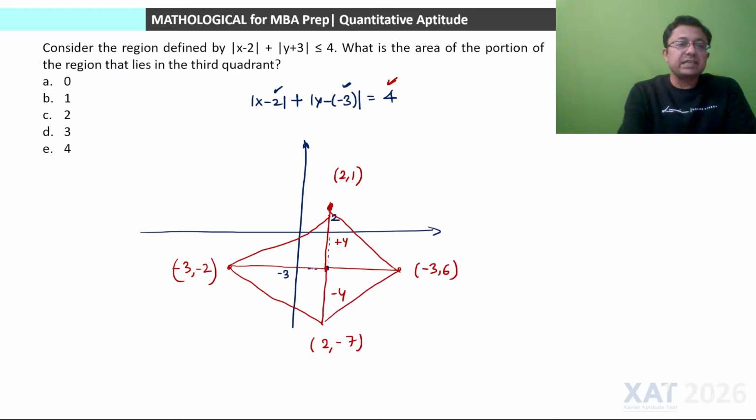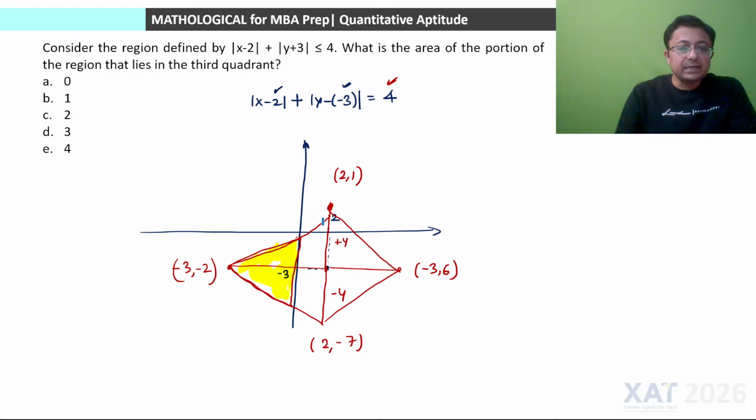Okay, we need the region that lies in the third quadrant, like we need the area of this part only. And this is a triangle. We need the area of this triangle.